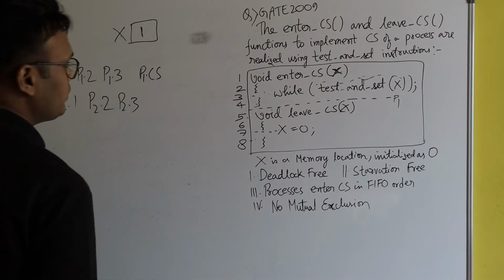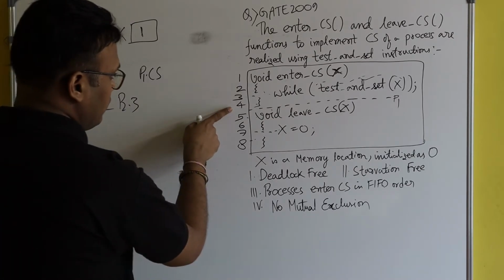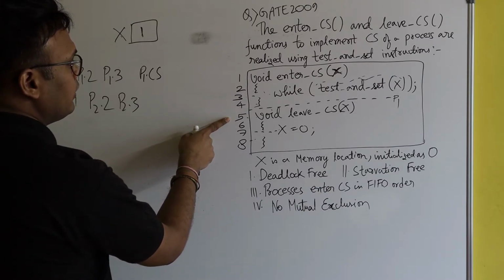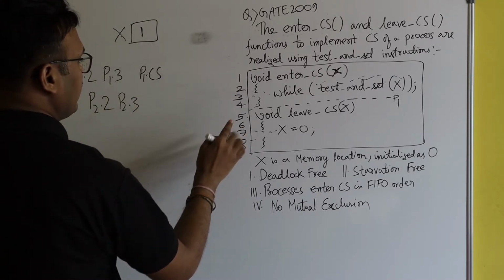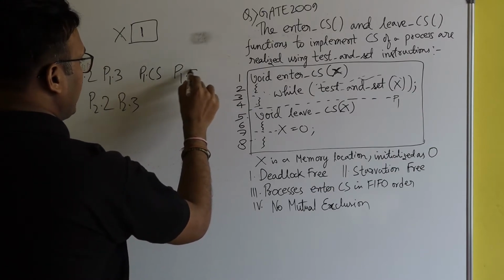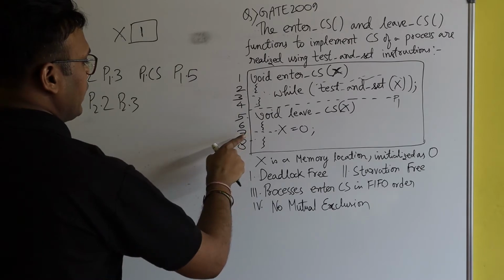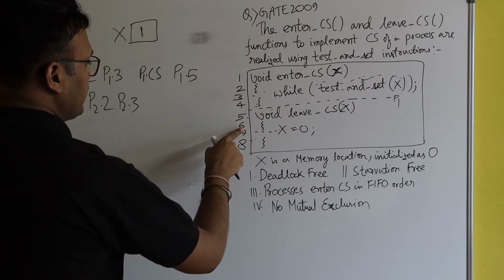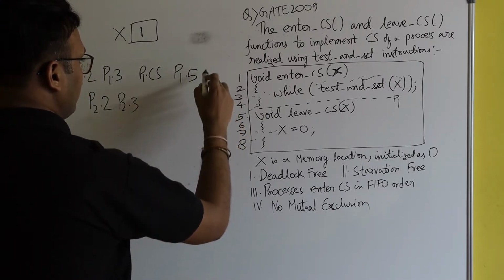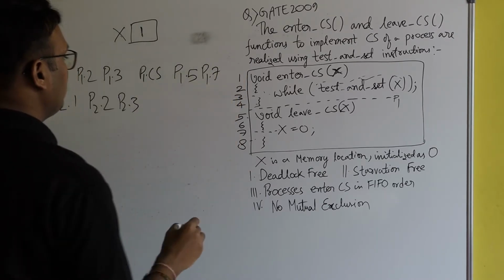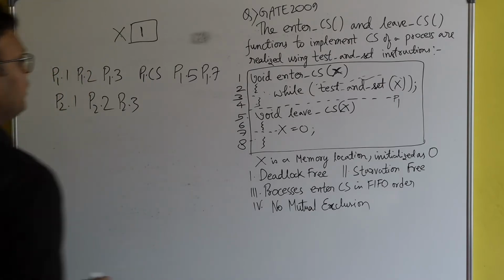So now suppose P1 executed line number 5, that is the exit section, and after that P1 will execute line number 6 and 7. So let's write: P1 executed line number 7. So what will happen?